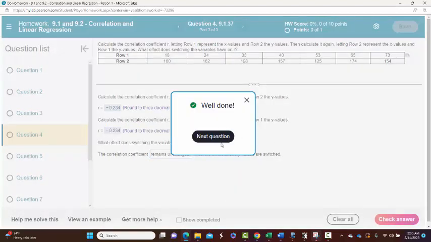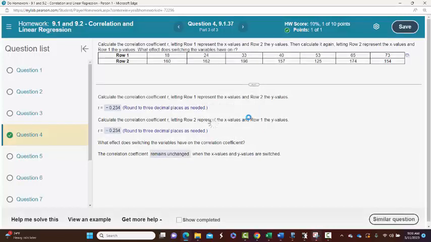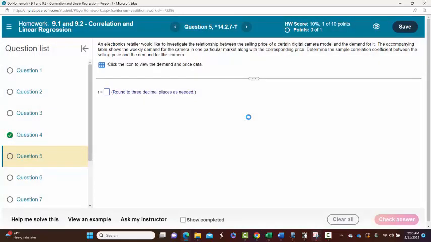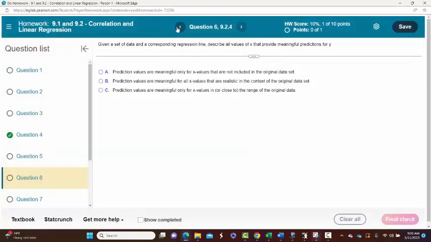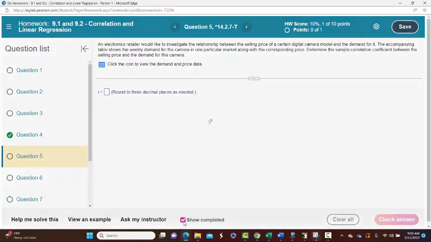All right, let's see. I think I did a couple of these next problems here. Let me look at the show completed here. Oh, okay, that's just correlation coefficient, so I'll leave you alone with that one.